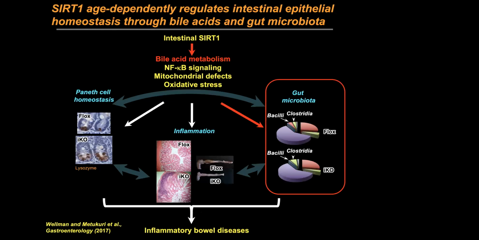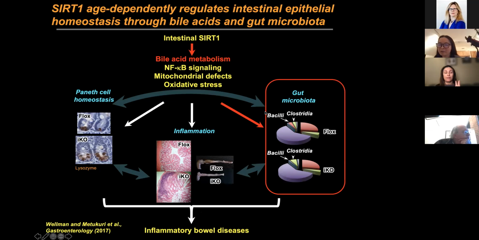Through a number of studies that I don't have time to show you today, we were able to figure out that this depletion of Bacilli in the aged SIRT1 knockout mice is due to their increased bile acid loss in their feces, because compared to many gram-negative bacteria, these gram-positive Bacilli are hypersensitive to bile acid.